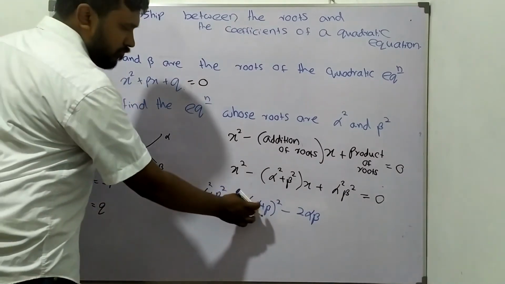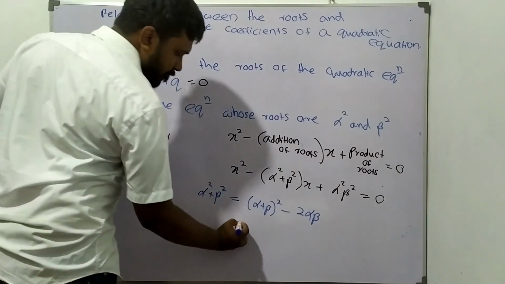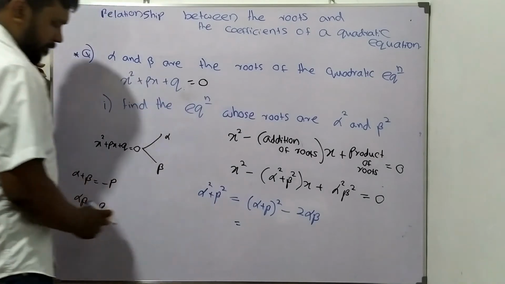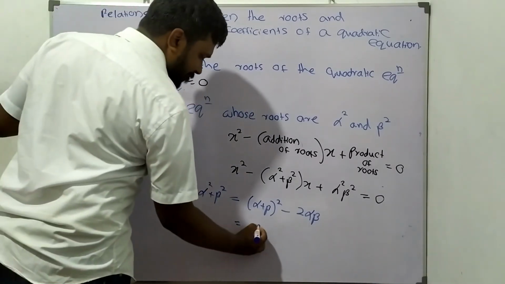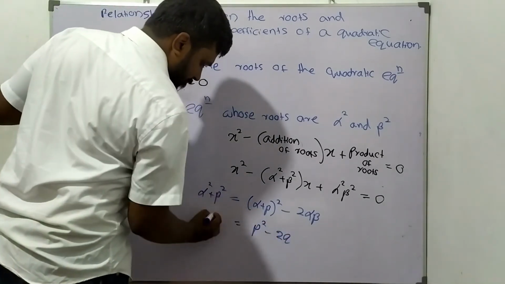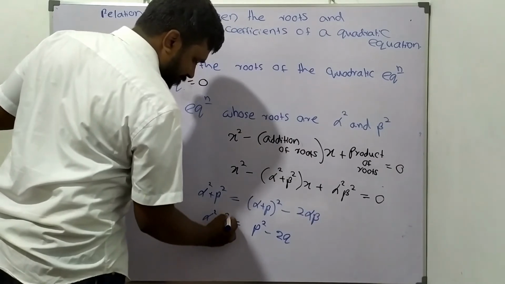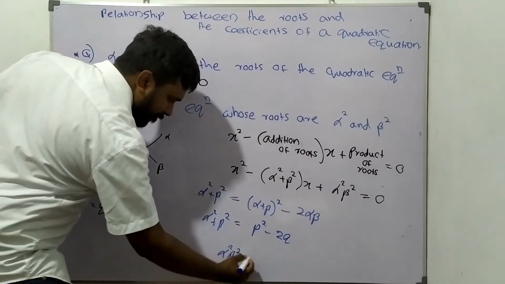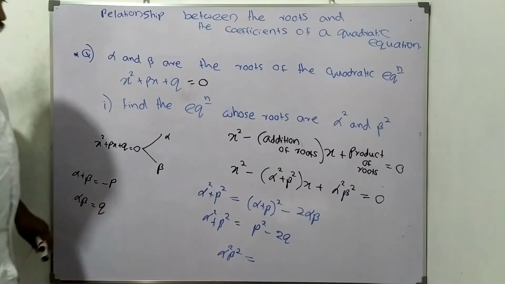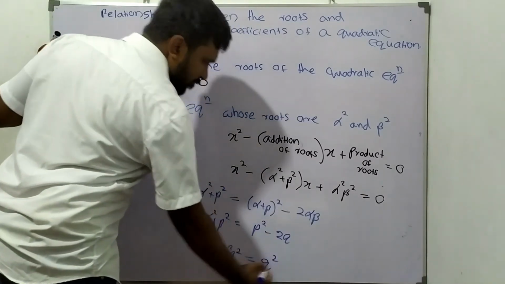So when you expand it, the middle terms cancel. So alpha plus beta means minus p, whole thing squared, it's p squared. Alpha beta means q, so it's 2q. Alpha squared beta squared, the product, is q squared.